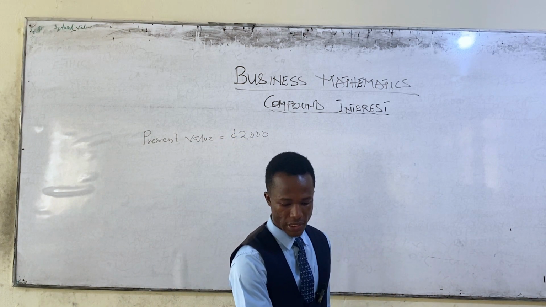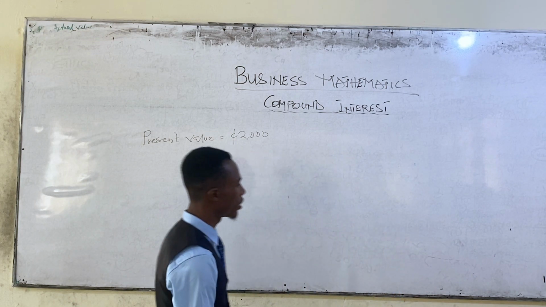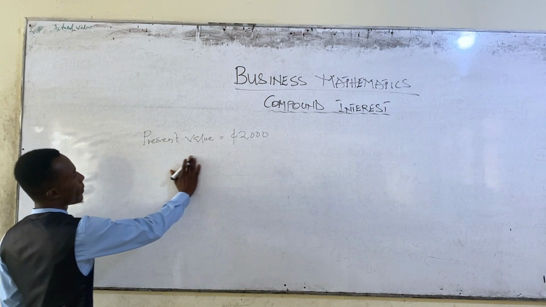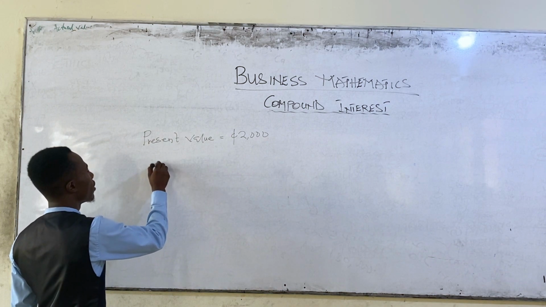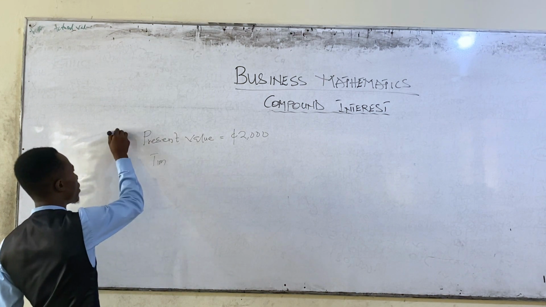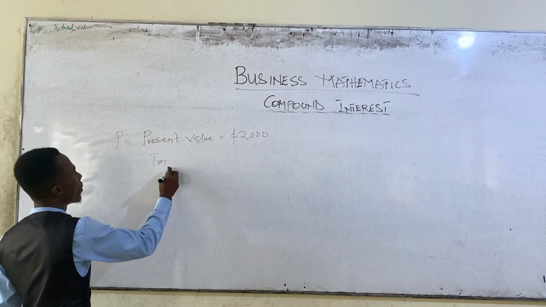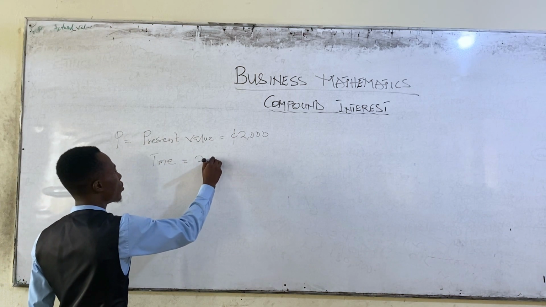Then for how many years? We have 2 years in an account, so the time is also given as 2 years.